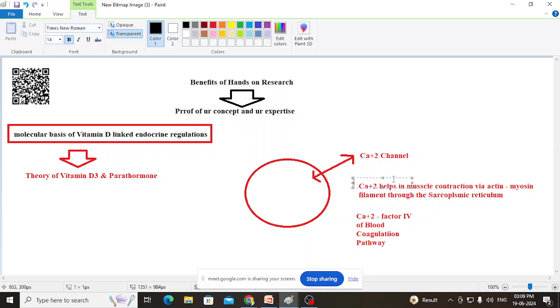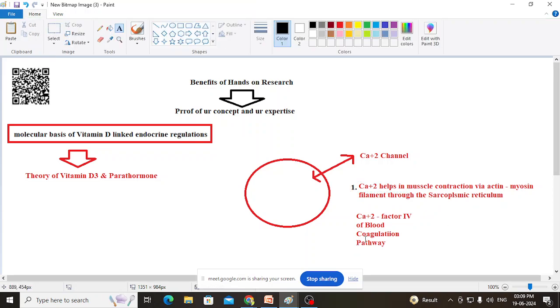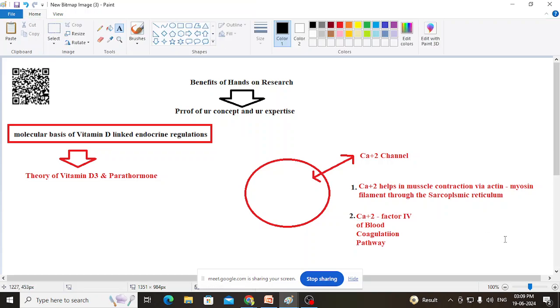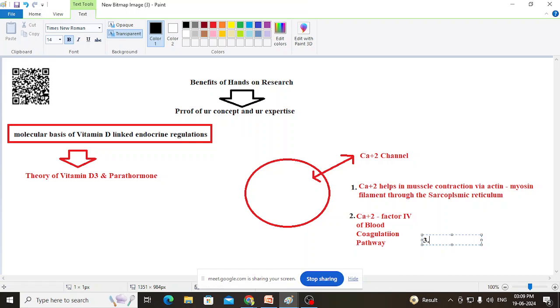These are not the only ones, there are multiple others as well. Calcium ion is also needed for proper folding of proteins. Some proteins are calcium binding proteins. The third point we can write is regulation of calmodulin.